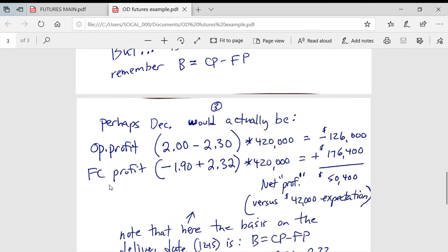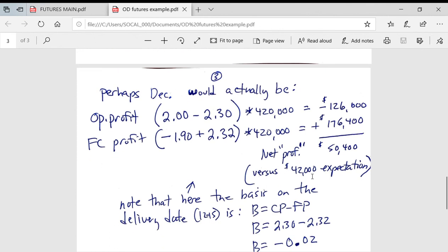At the same time, his futures contract profit, we assume, will be this: minus his locked-in buy price of $1.90 plus the assumed price of the futures contract when he takes his 10 short positions in the January contract, so he effectively closes that position. So minus $1.90 plus $2.32 times 420,000 gallons, that's 42 cents profit, for a futures contract profit of $176,400, and when we net these two, we get a net profit of $50,400.